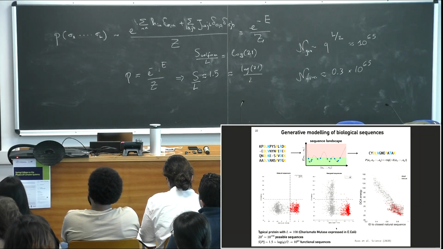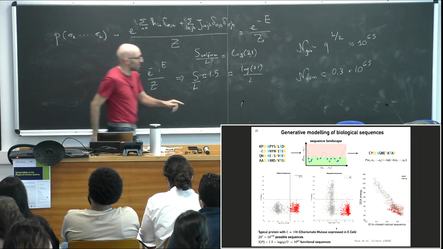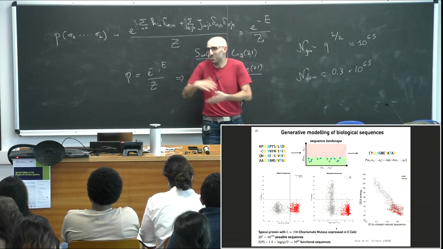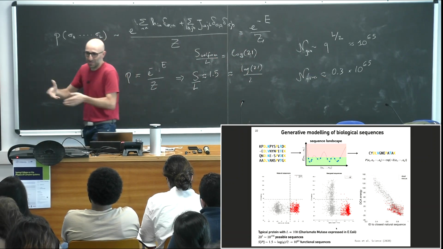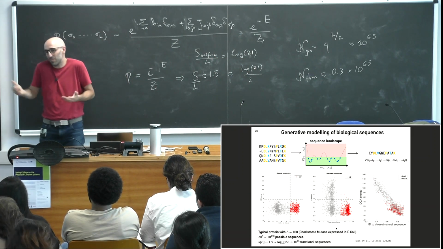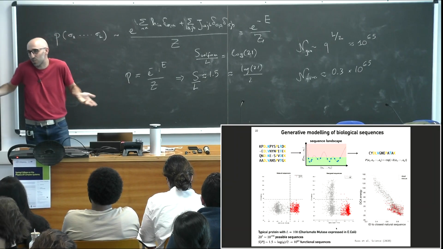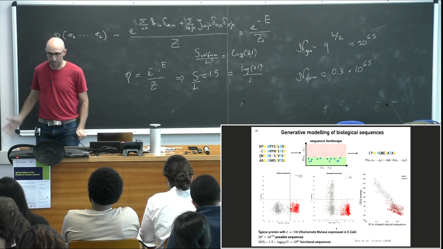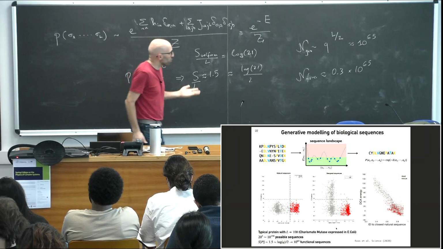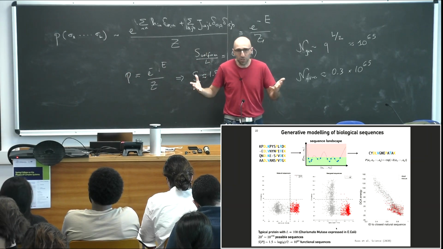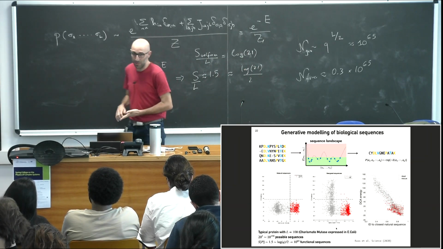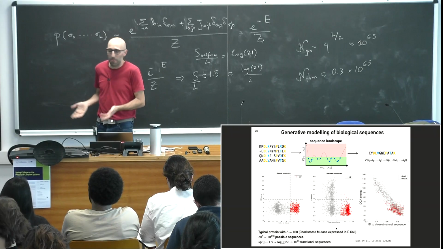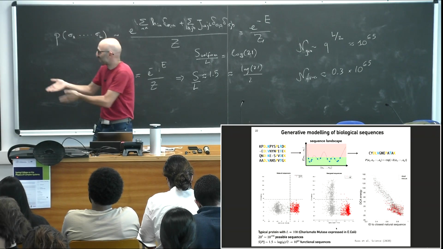You do it for 1,000, and because the success rate is of order 1, it converges to a value that you can estimate from 1,000, but then you can say, okay, if I did 10,000, it should be the same. So you conclude that there is a huge space of sequences that work as well as the natural ones.